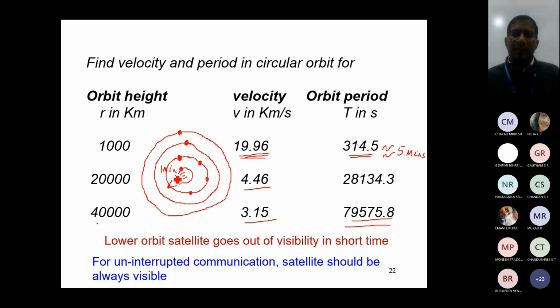Within 1 minute, the satellite disappears. Then how can we maintain continuous communication? If within 1 minute the satellite goes out of the field of view, how can uninterrupted communication take place for such satellites moving at a very high velocity?